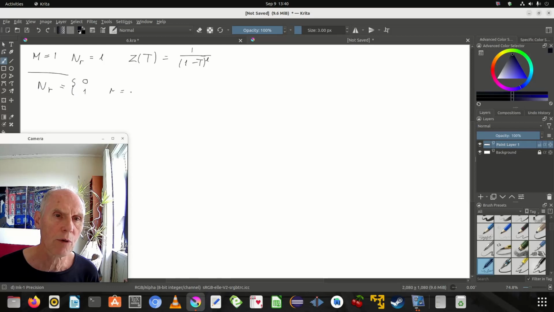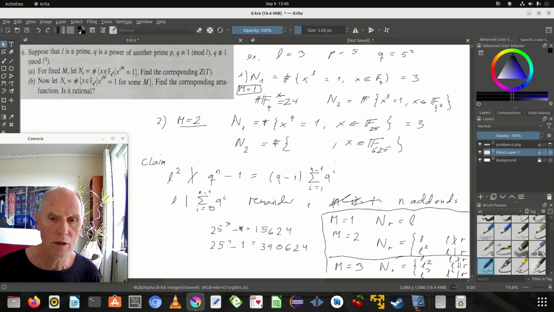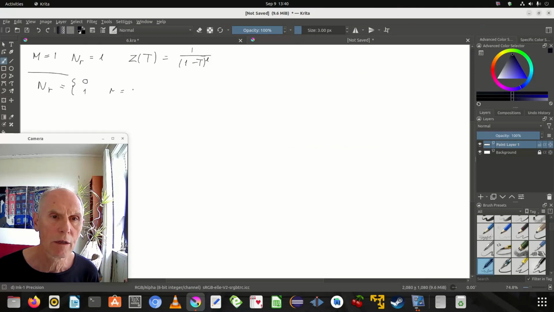r is a power of, was it a power of L? Yeah, a constant times the power of L. That is R divides L. We just take, no, we could generalize it immediately.